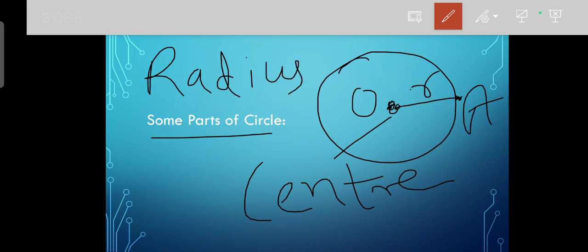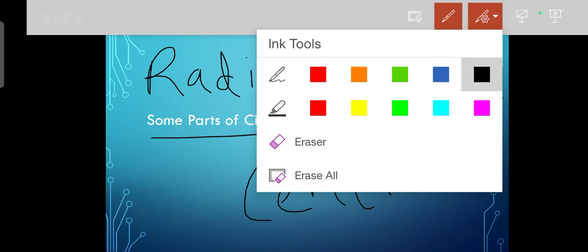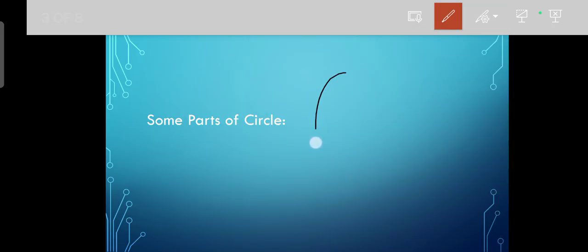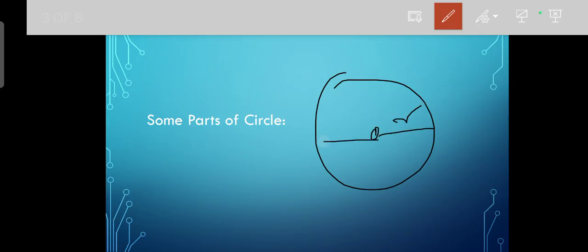Radius, center, and one more important part in the circle. This is the radius, and from this point this is also a radius.